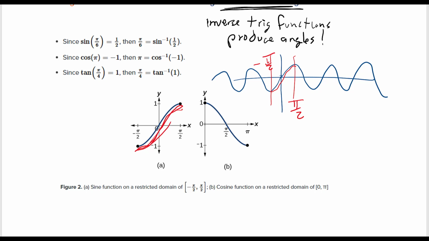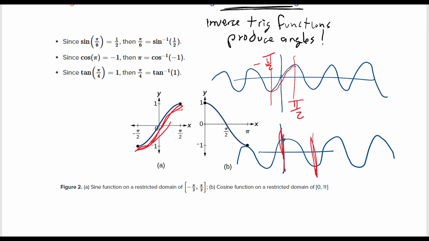Likewise, with cosine, cosine does this. So if we want to get just one slice of everything that it's going to produce from -1 to 1, we go from 0 to pi. That's what we see here. So we limit the domain of the function, and that's why sine inverse of 1/2 produces only pi over 6.